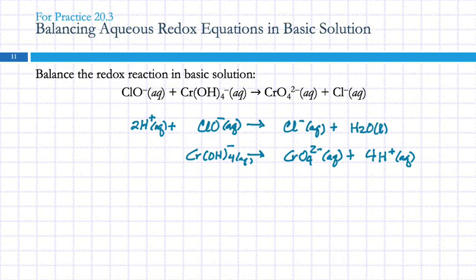But this is in basic solution. So wherever I have hydrogen ions, I have to add an equal number of hydroxide ions. So I'm going to have 2 hydroxide ions here. And I'm going to do the same thing to both sides so I don't mess up the mass balance that I just did.